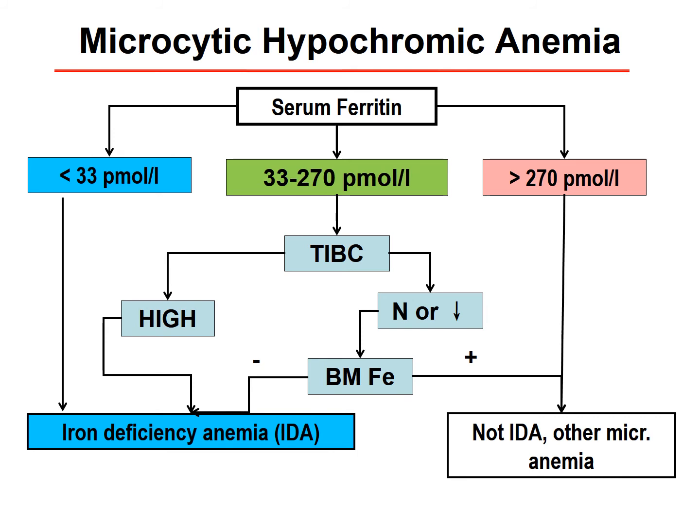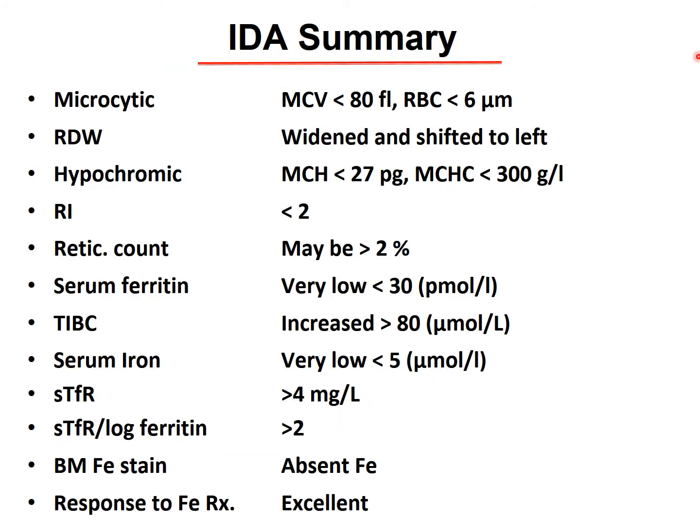Because what will be the first sign when we do have an inflammation? Transferrin level is going to decrease because transferrin is a negative acute phase reactant immediately. Now, this is a summary that is going to help you to figure out the case studies.